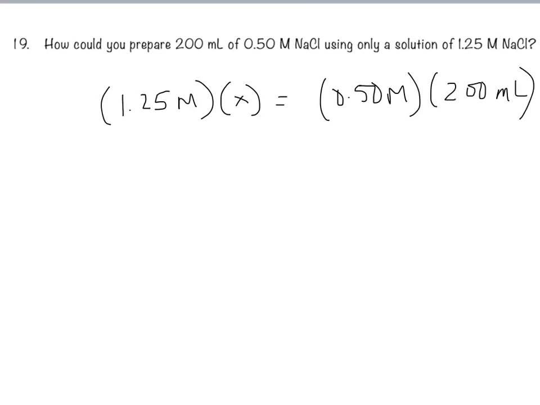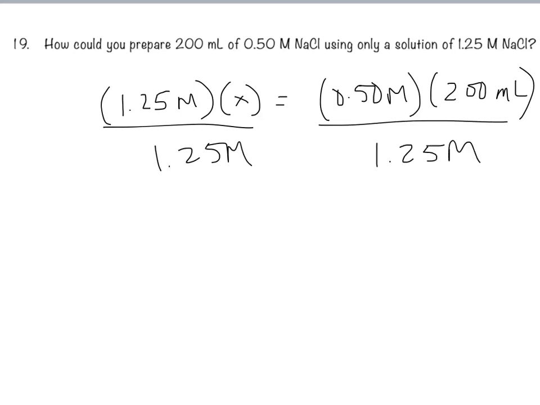And so I'm going to solve for x and divide both sides by 1.25 molar. The 1.25 molar cancels, the molarity cancel, and so if I punch this into my calculator, I have 0.5 times 200 divided by 1.25. And if I do that, I get 80 milliliters is my answer.